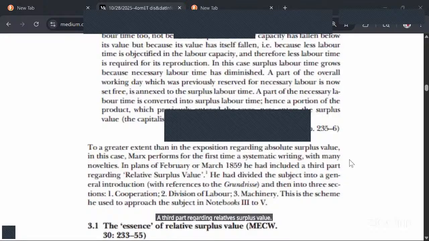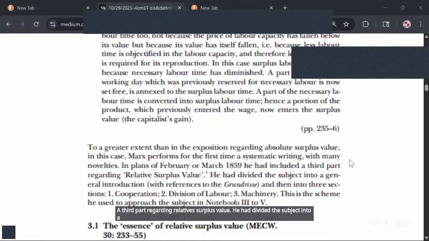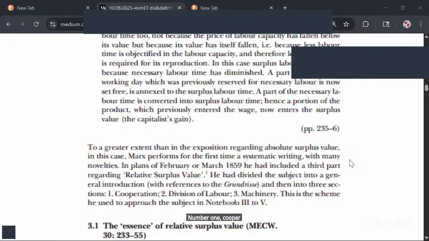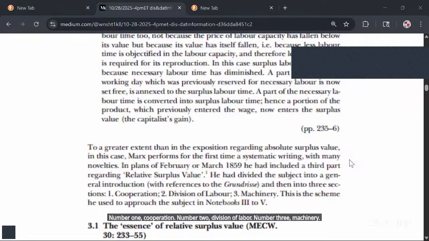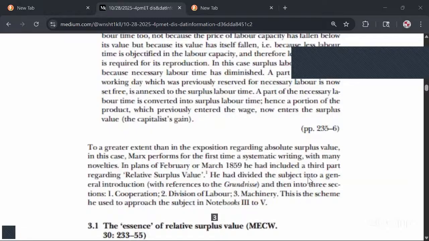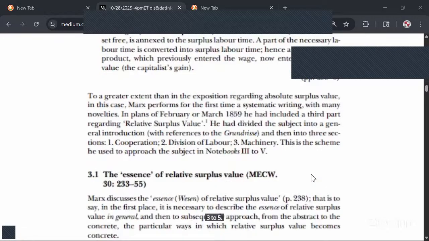He had divided the subject into a general introduction with references to the Grundrisse, and then into 3 sections. Number 1, cooperation. Number 2, division of labor. Number 3, machinery. This is the section he used to approach the subject in notebooks 3 to 5. 3.1, the essence of relative surplus value.